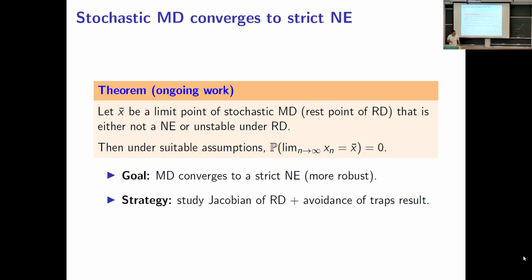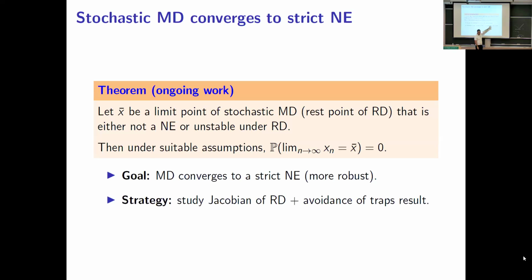So now, how would we prove what we have here? Basically, that's the theorem, ongoing work. If you have x bar, which is a limit point of that algorithm, stochastic mirror descent, you look at the rest points, which is also a rest point of the continuous time replicator dynamics. Then, if you suppose that this x bar is either not a Nash equilibrium or unstable under the replicator dynamic, then we can show the expected result under the right assumptions.